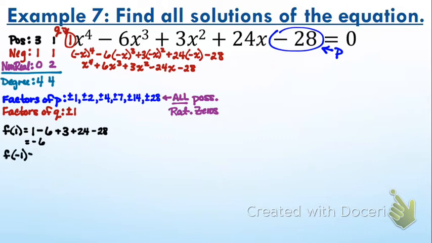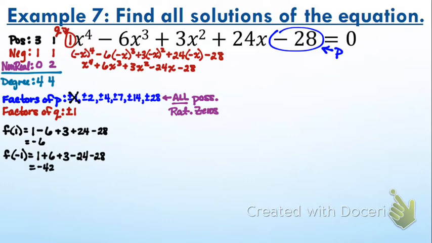Try negative 1. That would be 1 plus 6 plus 3 minus 24 minus 28. Absolutely no way. That is 10 minus 24, so negative 14 minus 28, I get negative 42. So plus or minus 1, not going to work.